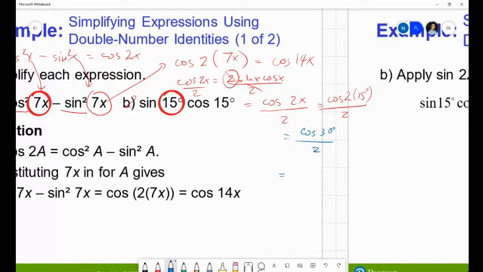And cosine of 30 is what? Anybody? Square root of 3 over 2, over 2. Or we can make this a fraction and multiply by 1/2, so we have square root of 3 over 4.